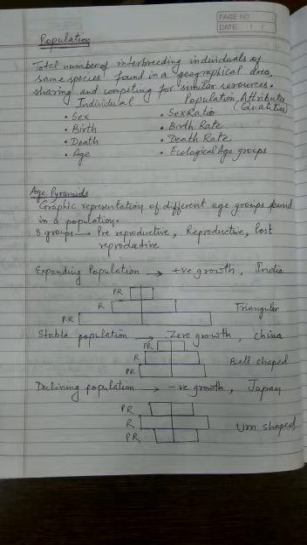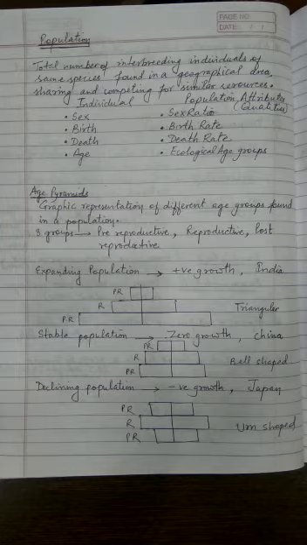So natural selection operates at the population level to evolve the desired traits in the population, and population ecology is therefore an important area because it links ecology to population genetics as well as to evolution.